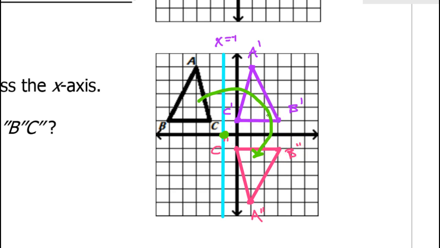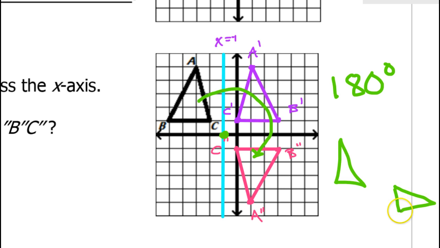Now, how many degrees is it? This is going to be a 180-degree rotation. I know because the entire thing is winding up upside down. If you have an arrow and then you rotate it 90 degrees, it's going to end up pointing the other way.